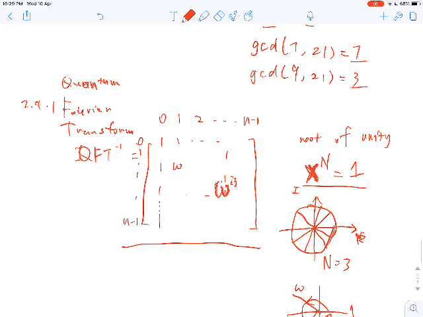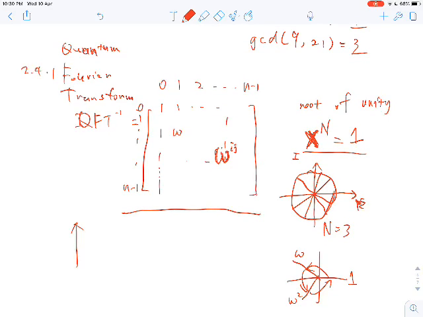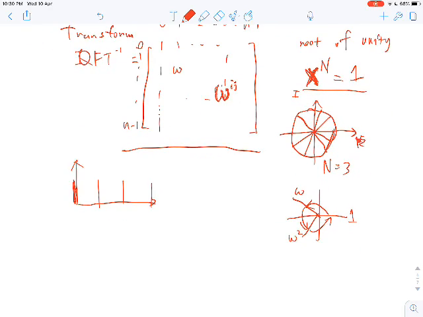And the quantum Fourier transform can help us to find the period. It works like this. We have a periodic function here with period r, and the total length is m.